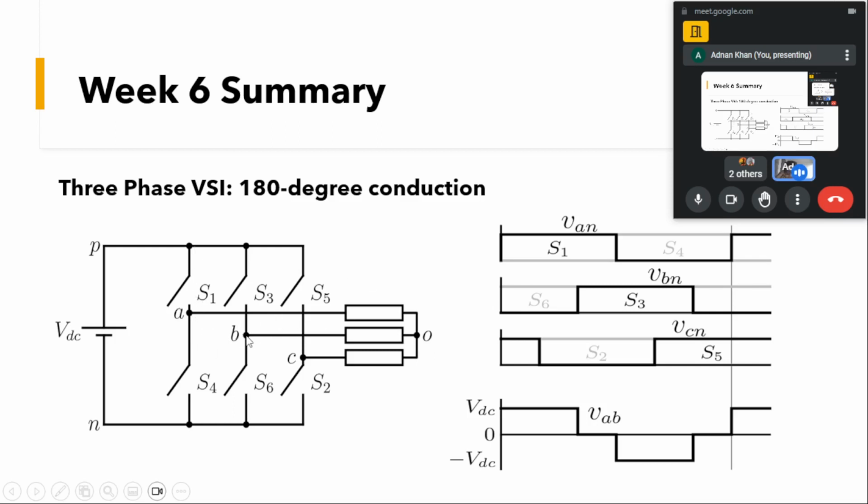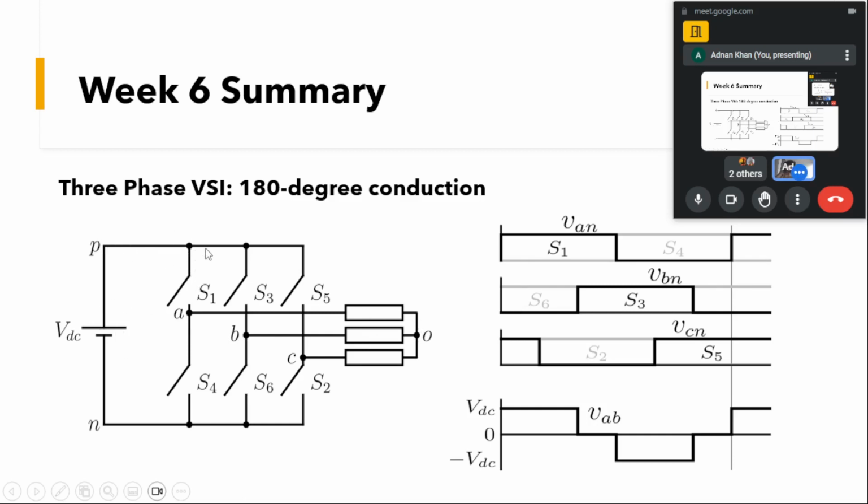So for VAB, S1 is turned on and S6 is turned on. If you follow this path, due to this it will be VDC voltage, and due to this it will be 0 voltage. So overall, VAB will have a VDC voltage, because here S1 and S6 are on.